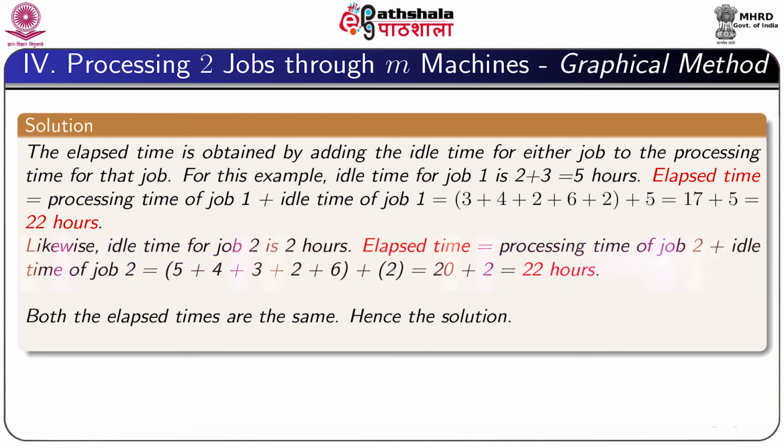Similarly, the idle time for job 2 can be obtained when we move horizontally. The elapsed time is equal to process time for job 1 plus idle time for job 1, which is equal to 22 hours here, and the elapsed time is equal to process time of job 2 plus idle time for job 2, which is equal to 22 hours again. Since both the elapsed times are the same, we get the optimal solution here.